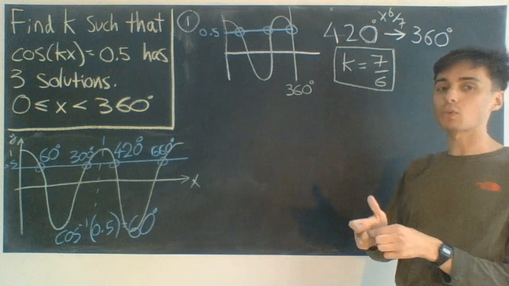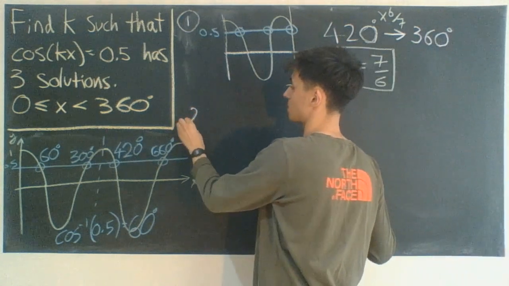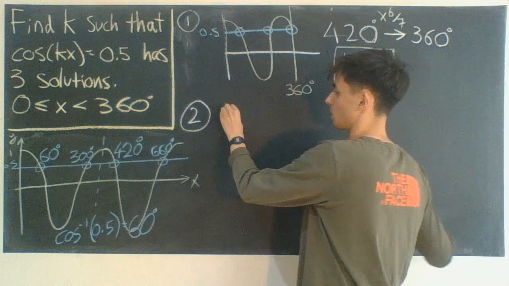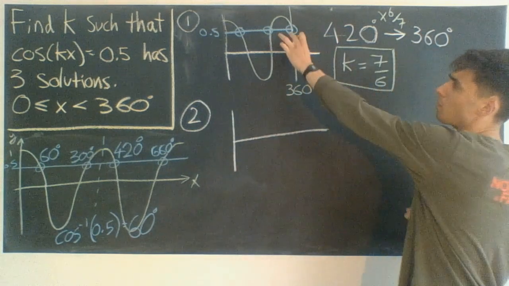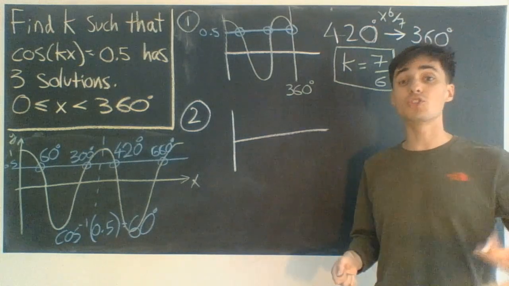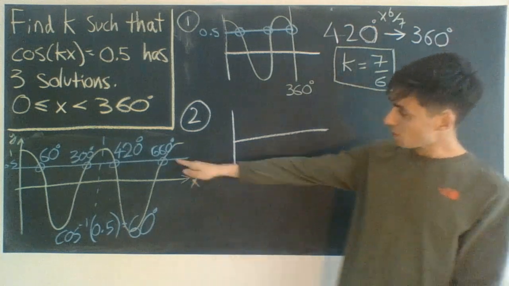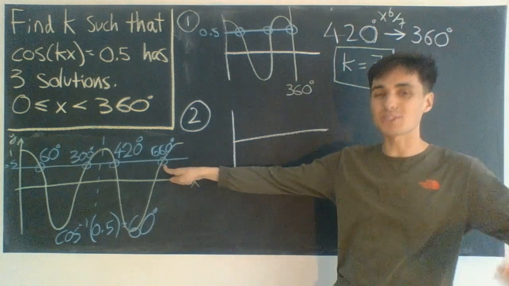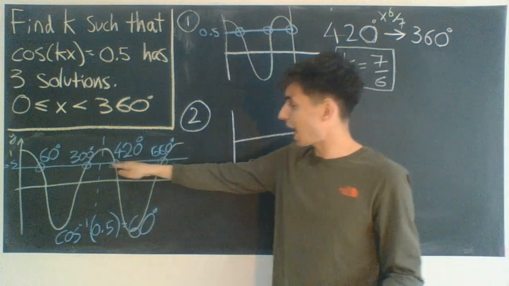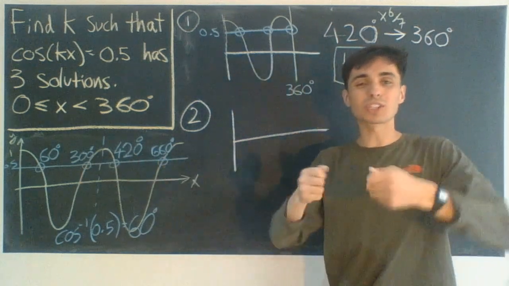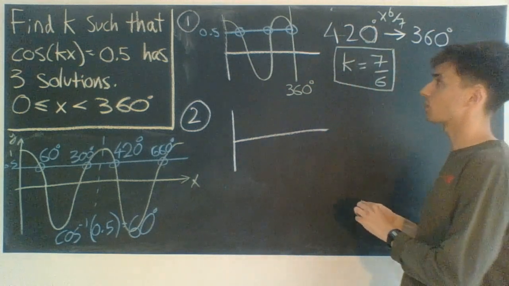Let's think next about the largest possible value of k that we're allowed. So for case number 2, we're going to draw a similar graph. But whereas here our third solution just about appeared, we'd like to think of the other end. And that's where our fourth solution doesn't quite appear. So this is where we have 3, we're really happy we've got 3, but 4 doesn't quite work. So let's draw our graph again and imagine what it looks like.